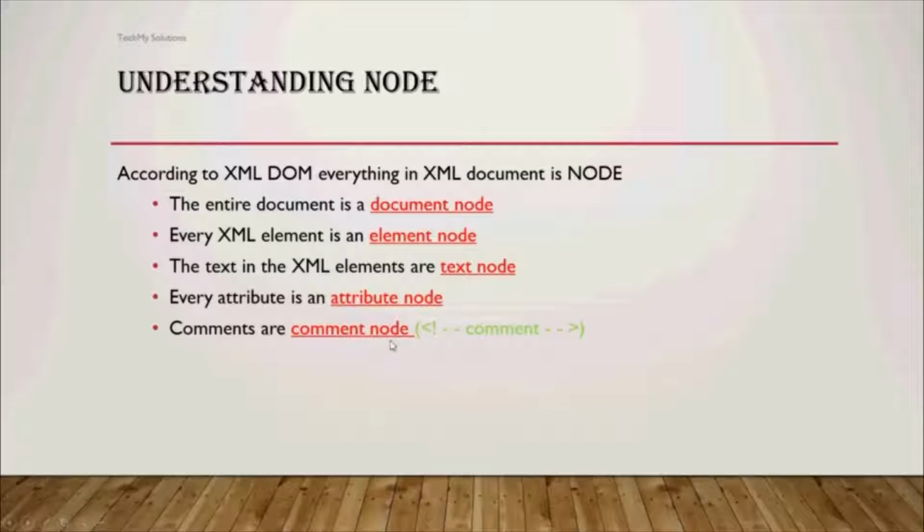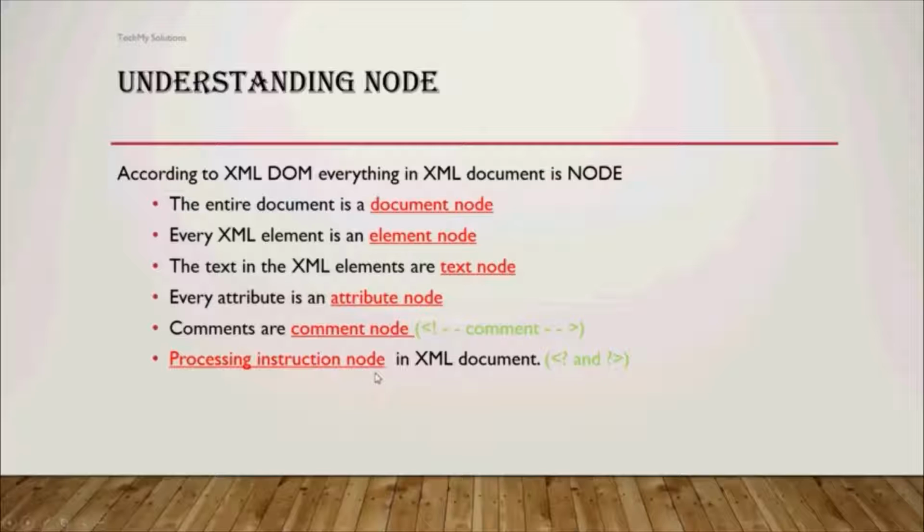Processing instruction. Now this is something which is between this type of syntax in the XML document, which comes like angle bracket, question mark, and then some information, then question mark, and closing angle bracket. It is called a processing instruction. So the processing instruction node can be something the application needs to know.